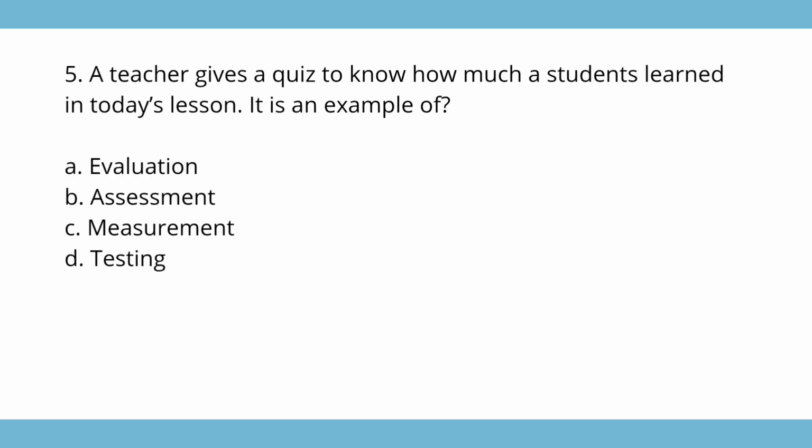Number 5. A teacher gives a quiz to know how much a student learned in today's lesson. It is an example of letter A. Evaluation. B. Assessment. C. Measurement. D. Testing.